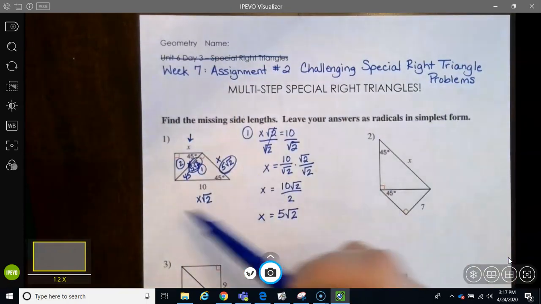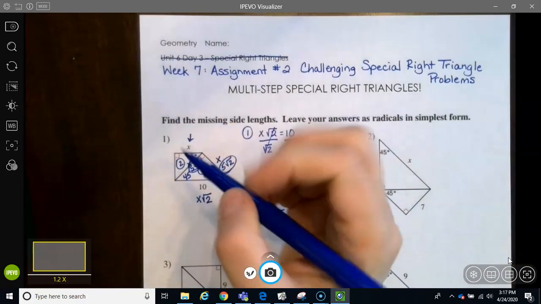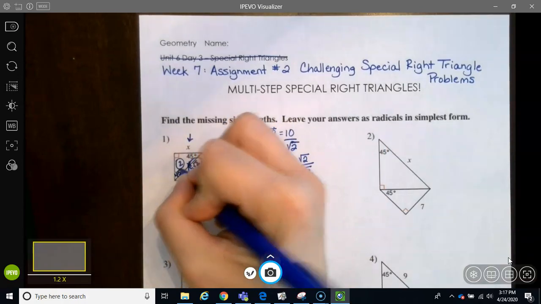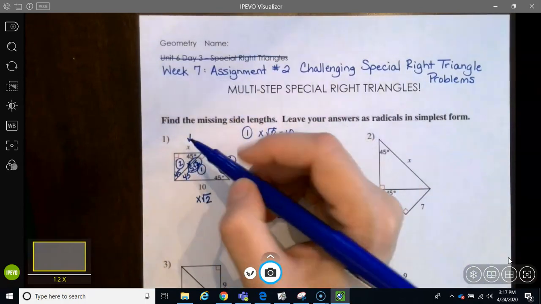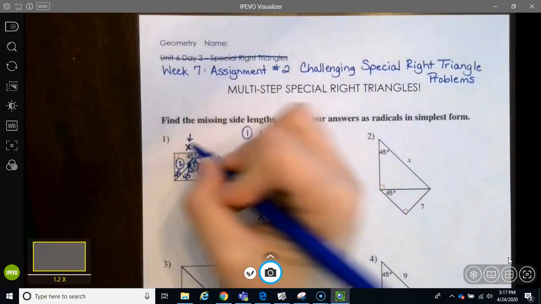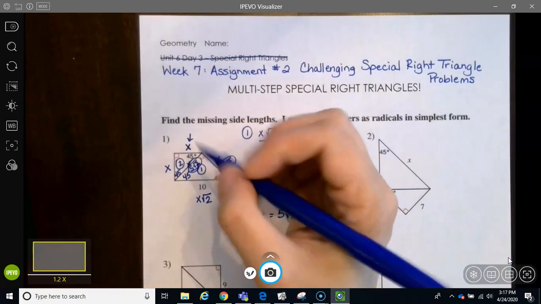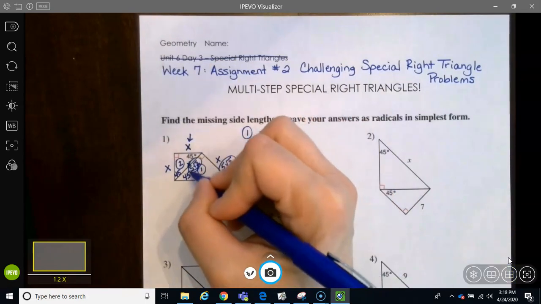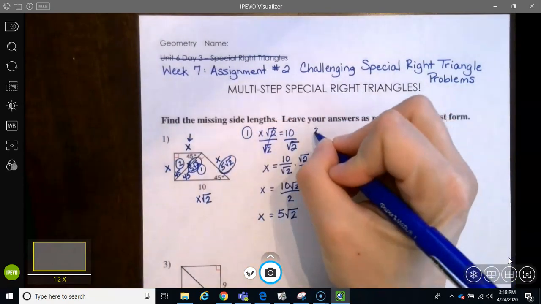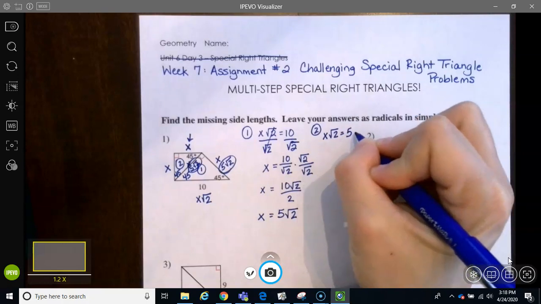Now, I've got that all figured out. Now I got to work with the other right triangle here. It's another 45, 45, 90. Across from my 45-degree angle sides, those are X, which I already have. That one is represented by X, and then X, and then this would be X squared of 2. So the side that we actually know the length of is that 5 square roots of 2. So I'm going to set X squared of 2 equal to 5 square roots of 2.